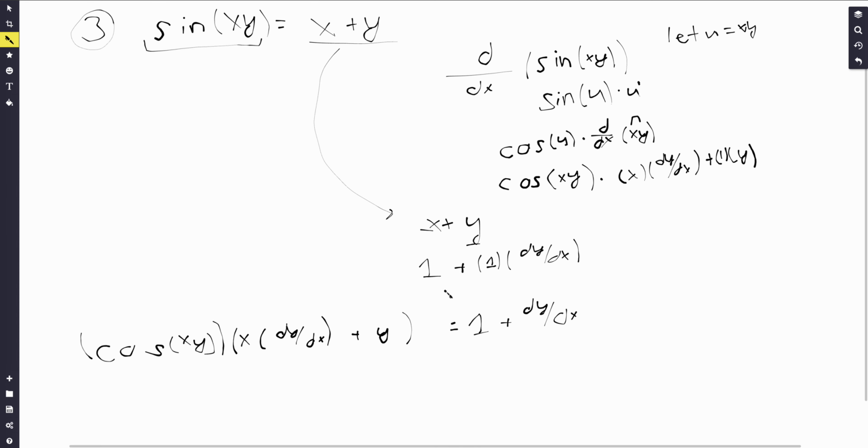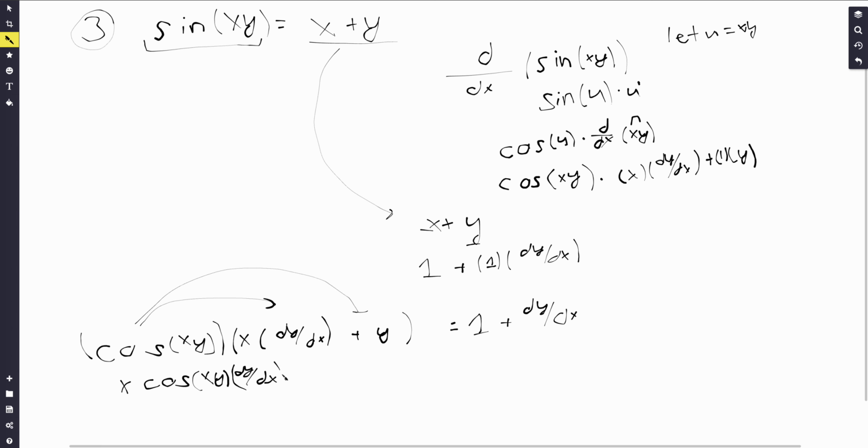So what I would do here is distribute the terms. So distribute this right here and distribute this right here to make it more simple for us. So this will become x cosine xy times dy over dx.